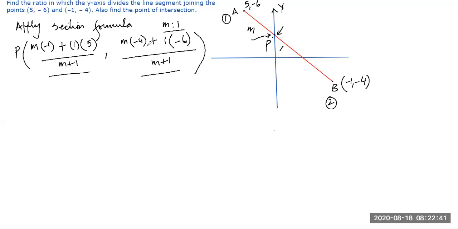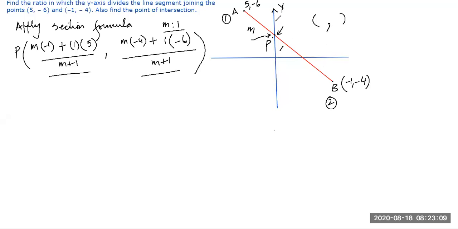Now we know that it's the y-axis which is dividing this line. And students, please tell me, for all the points on the y-axis, which coordinate is 0? Abscissa is 0.